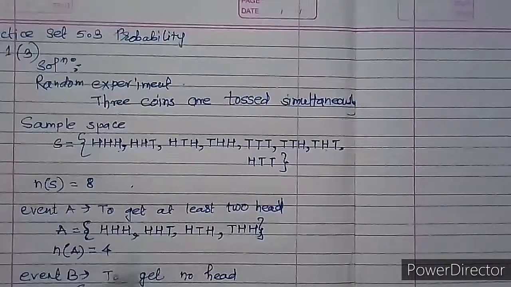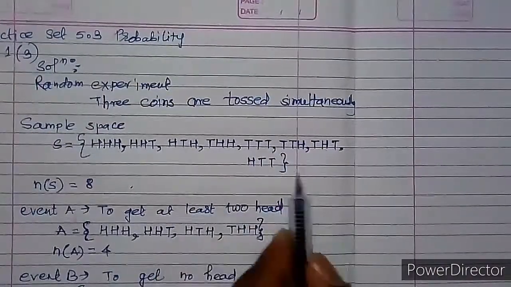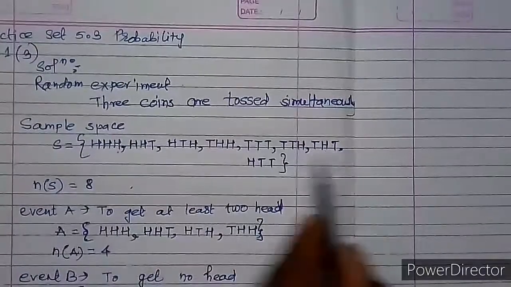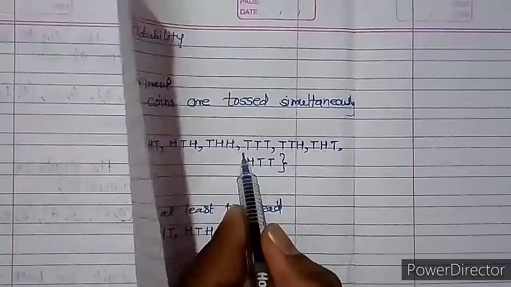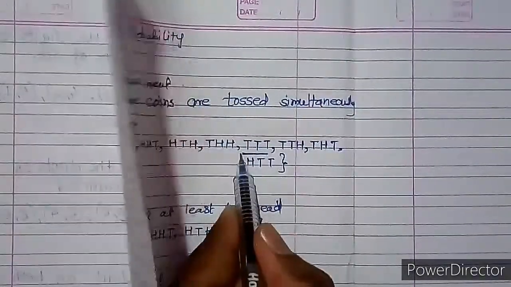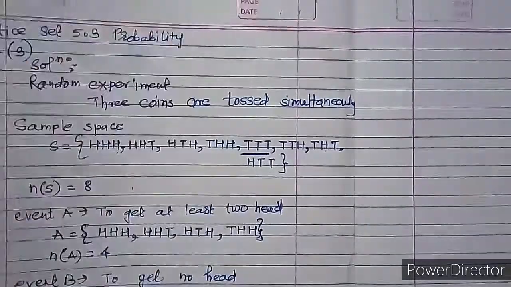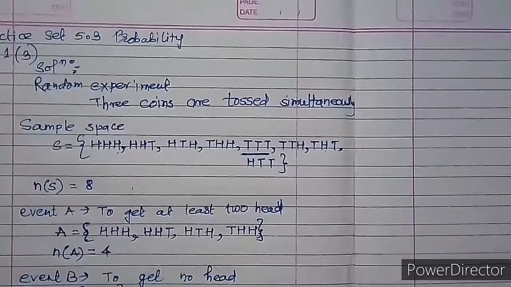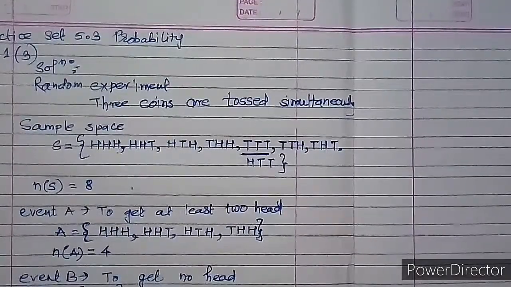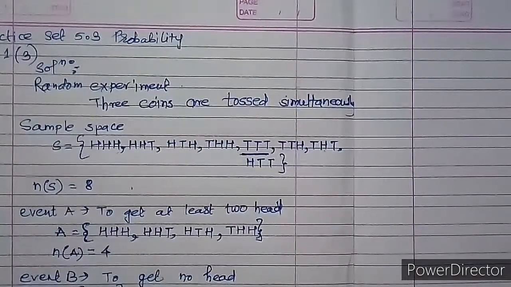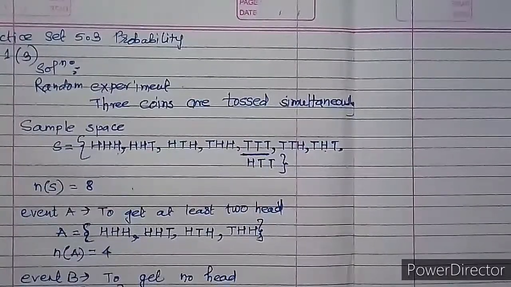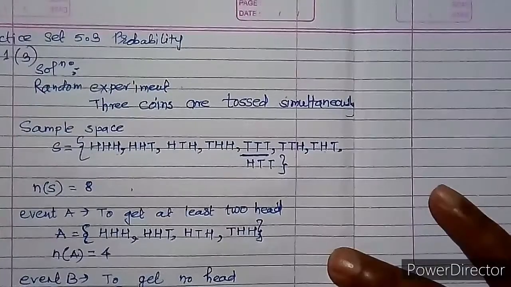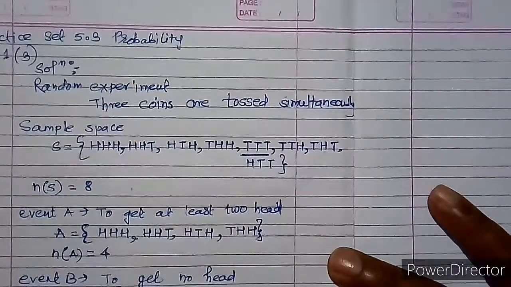Then we have to write down the headless entry from the sample space. When we observe the sample space, you can see only this entry does not have a single head. That's why T, T, T is the outcome of set B, the element of set B. Here n of B equals 1 because only one element is in B.